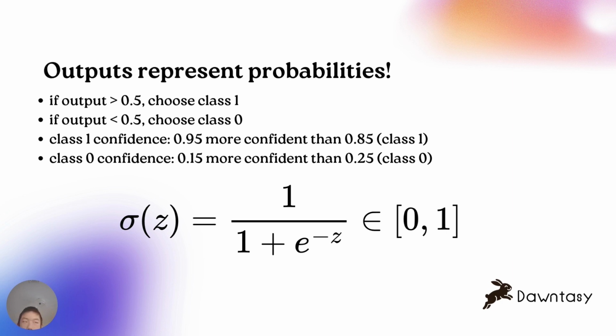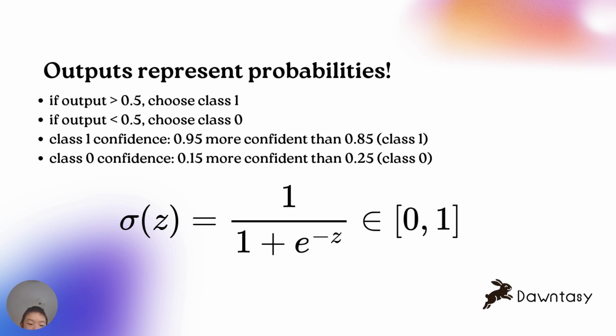There's also confidence in this, in the sense that our probabilities don't just tell us which class to classify into, but also a measure of how confident the model is. If we say that class 1 has a 0.95 probability, for instance, then we're significantly more confident than if we say class 1 has a 0.85 probability.